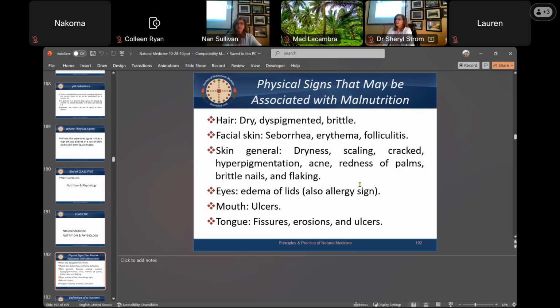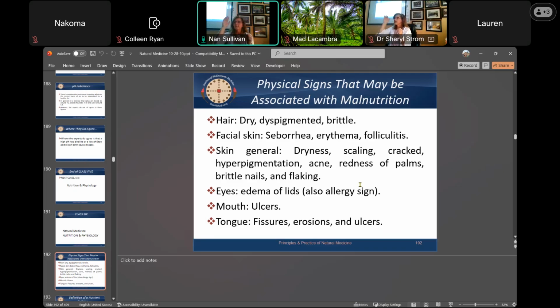So physical signs, I also gave you more physical signs to look at in some of those handouts. Always look at their hair: dry, dyspigmented, and brittle. Dyspigmented has to do with, have you ever seen people with like a white stripe?